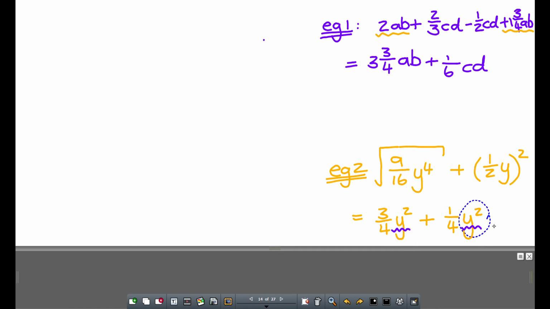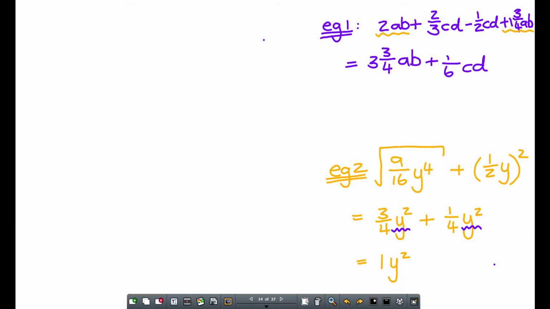Okay, so now what I want you to see is that they both have y to the power of 2, which means they are like terms. So I am allowed to go and add. So 3/4 y to the power of 2 plus 1/4 y to the power of 2 will give me 1 y to the power of 2. Or you can just say y squared.